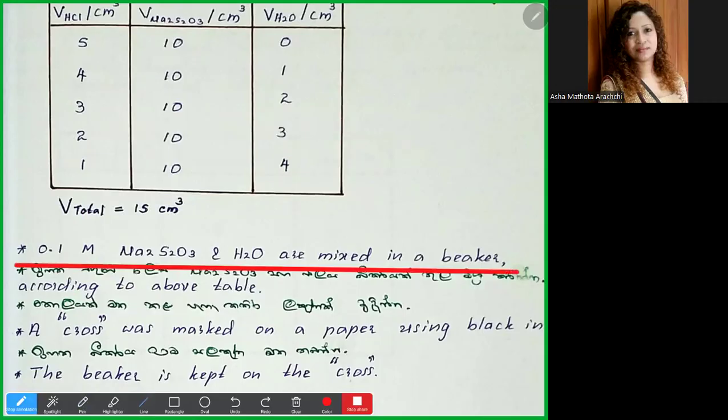0.1 M sodium thiosulfate and H2O are mixed in a beaker according to the above table.